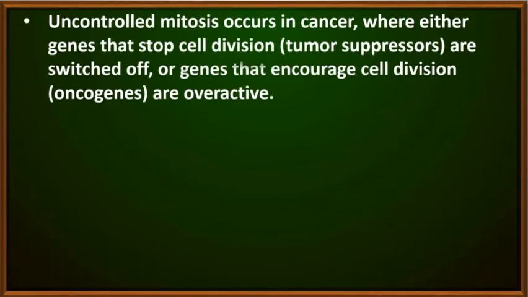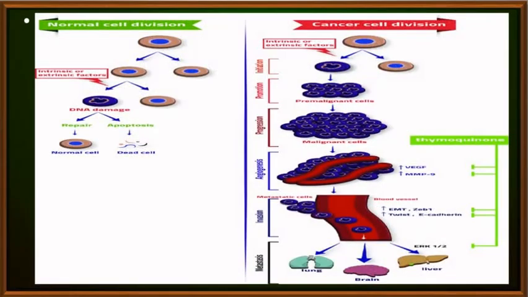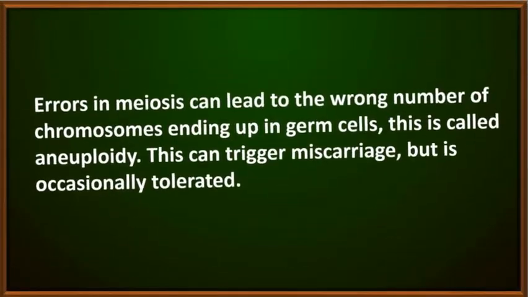Uncontrolled mitosis occurs in cancer, where either genes that stop cell division, called tumor suppressors, are switched off, or genes that encourage cell division, or oncogenes, are overactive. Errors in meiosis can lead to the wrong number of chromosomes ending up in the germ cells, that is called aneuploidy.